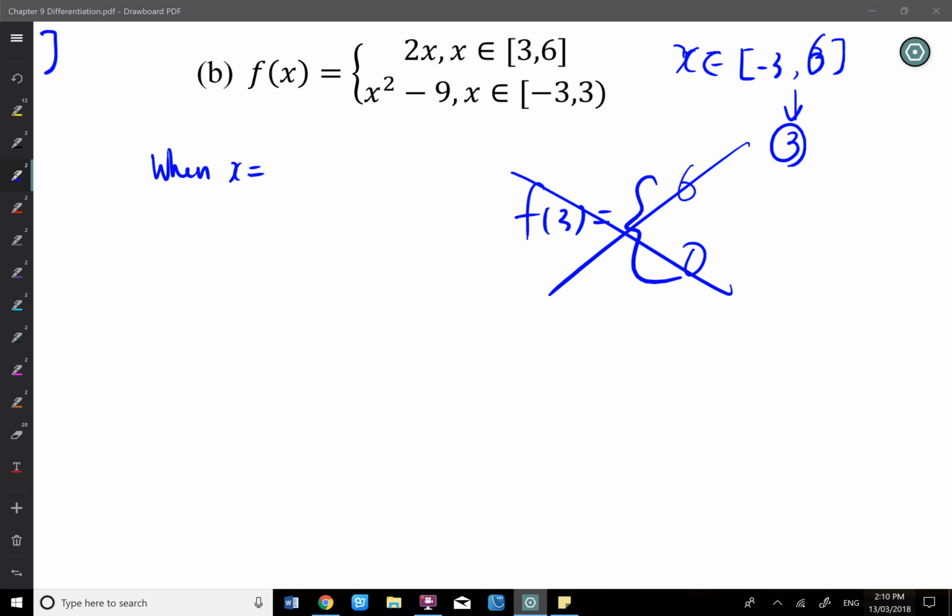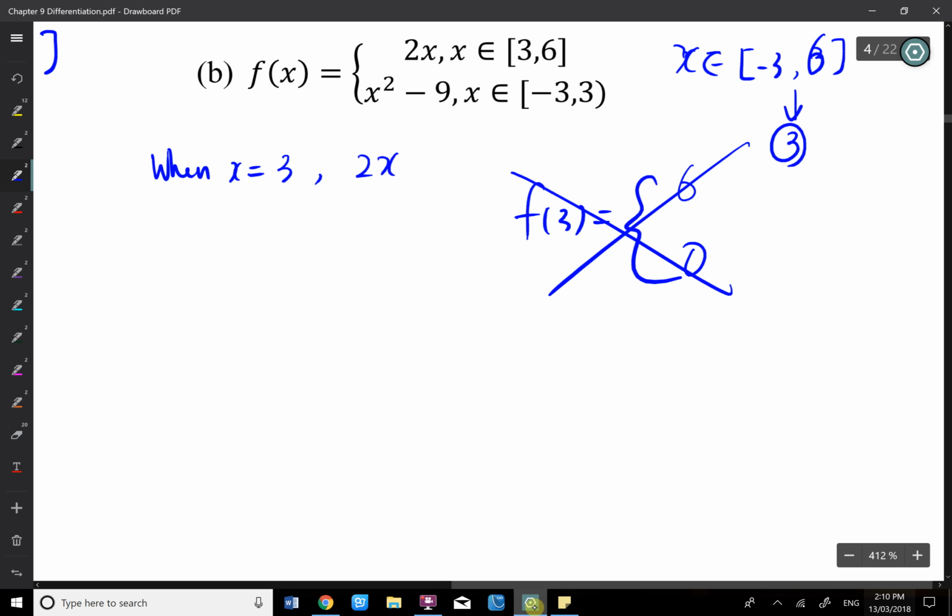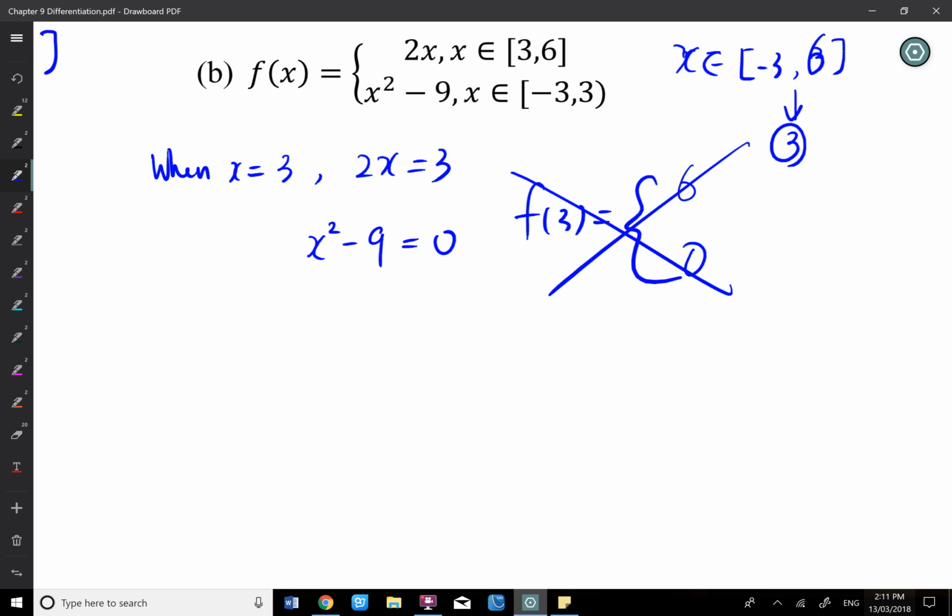We can only say when x equals 3, 2x equals 6, and then x squared minus 9 equals 0. That's the way we can talk about it. We can't mention f(3). f(3) is just 6, no discussion, okay?